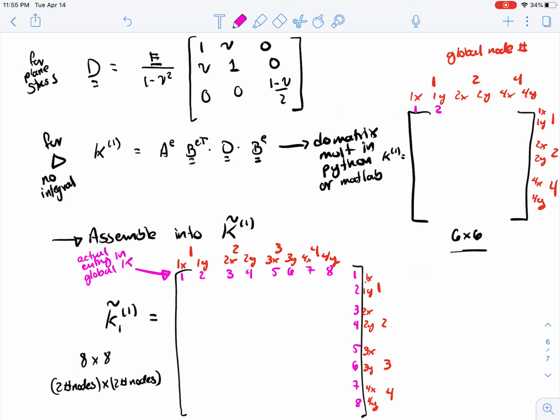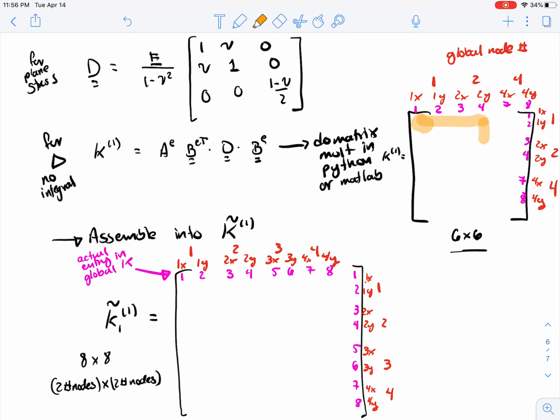Let me move this a little bit down. For 2x and 2y, I'll still get 3 and 4, but for 4x and 4y, I actually have 7 and 8. So here this will also be 1, 2, 3, 4, 7, 8.